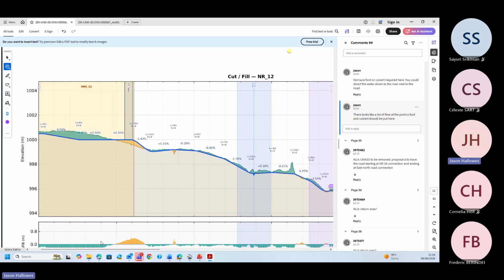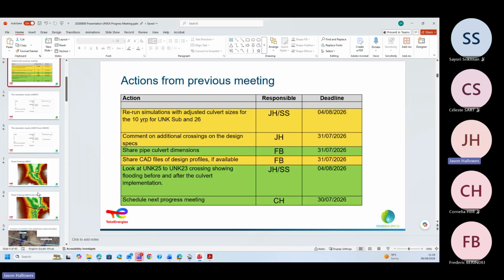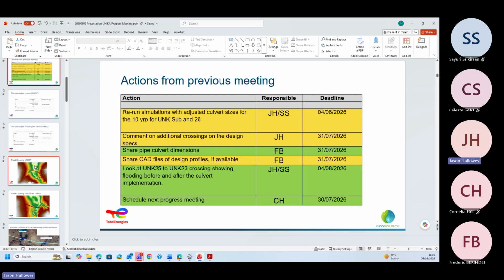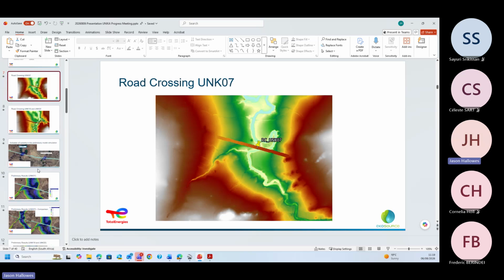But I'm reluctant to do some of this because I don't want to repeat having to redo these simulations again and over again. It takes quite a long time to set up each of these sections with the road, and then include it into the mesh. So I'm not quite sure how to handle this process.